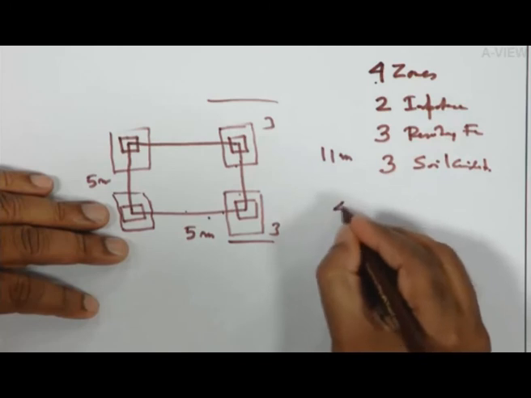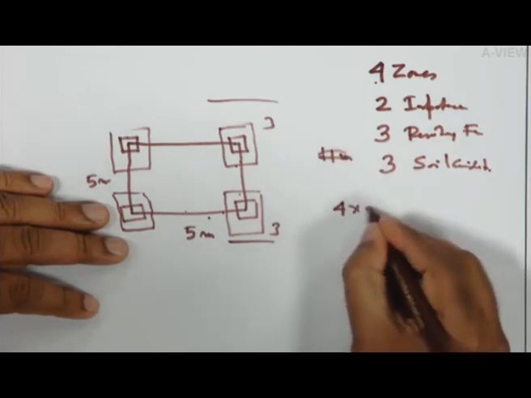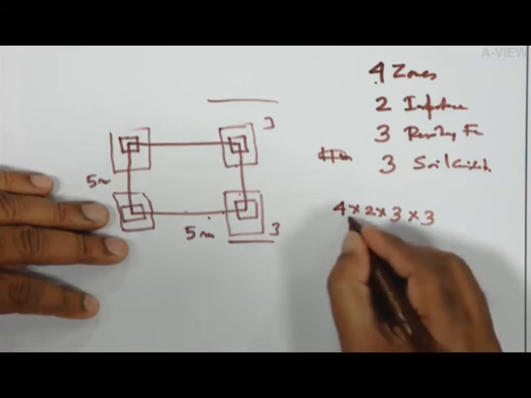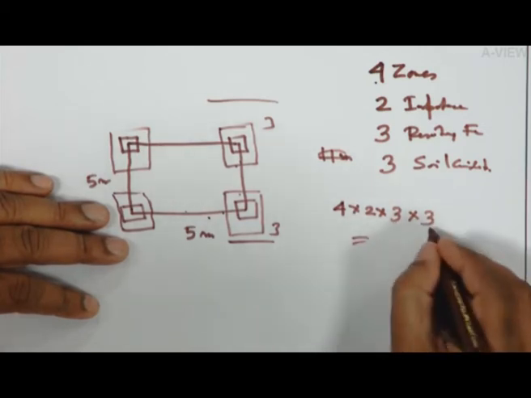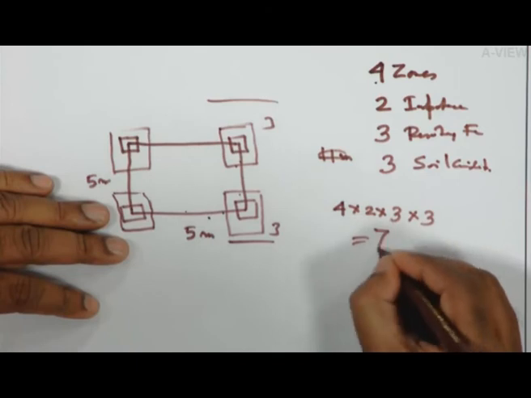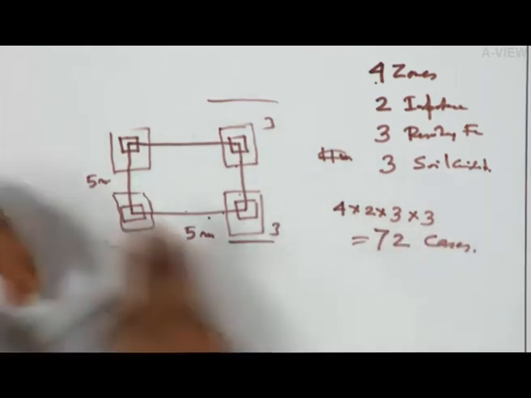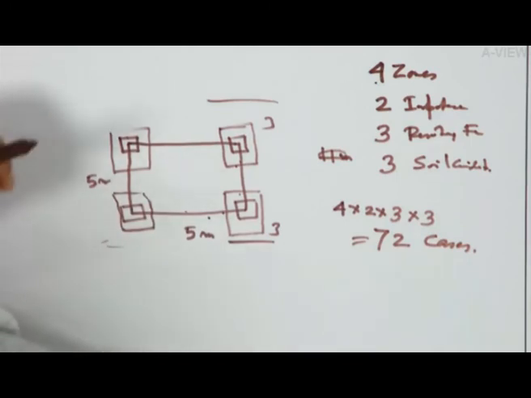So 4 into 2 into 3 into 3, that is 72 cases. That means for a particular building, you can have 72 different types of cases.